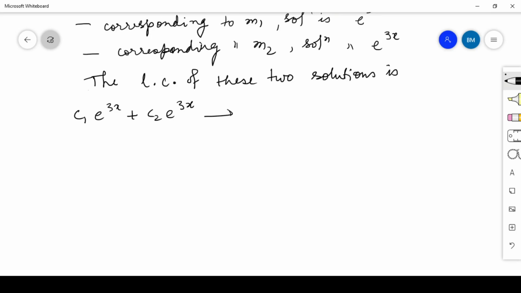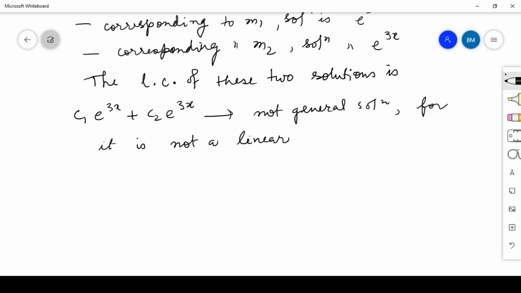It is not the general solution, my point is that it is not a linear combination of two linearly independent solutions.